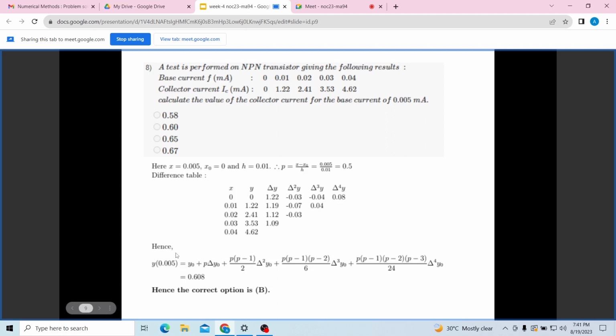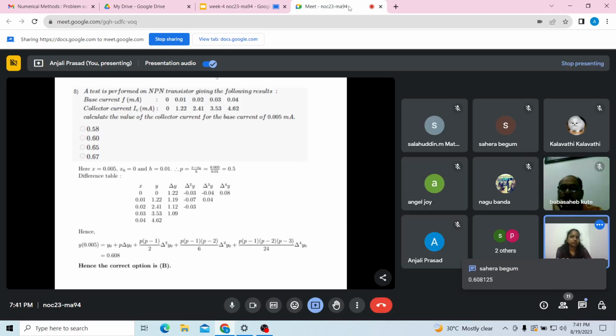Now apply the forward difference formula. What is that? y at the given point that we have to find, that is 0.005, is equal to y naught plus p into del y naught, and so on. So, what is y naught?